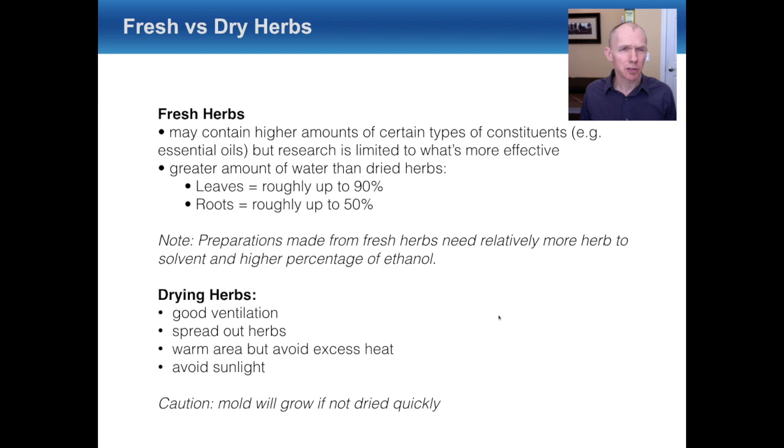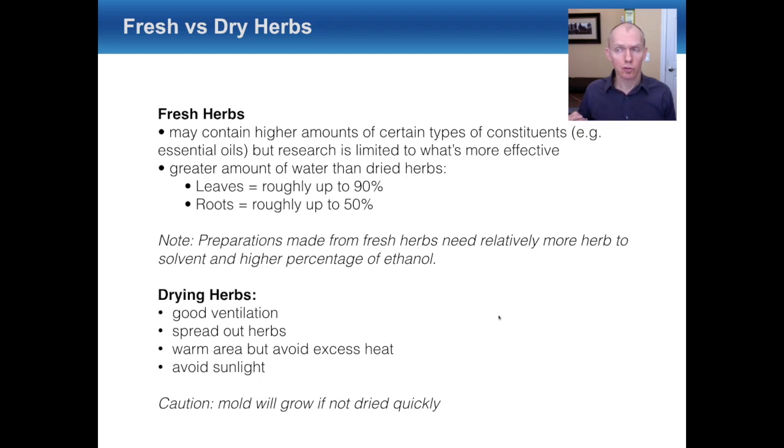So leaves are about 90% water, or can be up to that. Roots, when they're fresh, could be as much as 50%. Obviously, I'm kind of ballparking these numbers. So the take home with this is, if I'm making a tincture with fresh herbs and I'm using, let's say, 4 parts of alcohol to 1 part herb, but I'm using fresh leaves that are 90% water by weight, then it's going to mess up all my concentrations and ratios and required measurements to get the desired therapeutic amount in it.